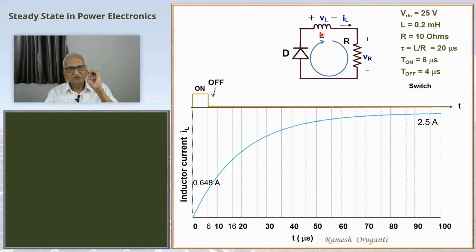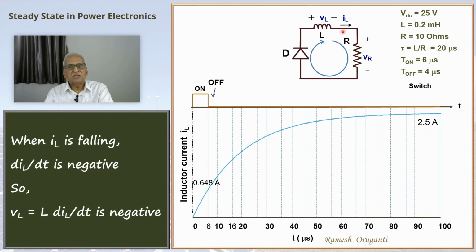The inductor current now tries to go down because there is no DC voltage source. When the inductor current goes down, the voltage induced in the inductor will be of opposite polarity. The indicated polarity here, plus on this side, minus on this side, is the reference polarity. So when the current is going down, the voltage induced will be opposite of the reference polarity.